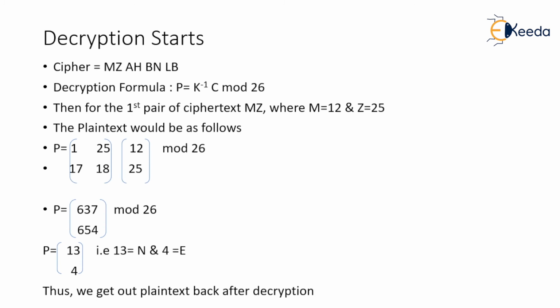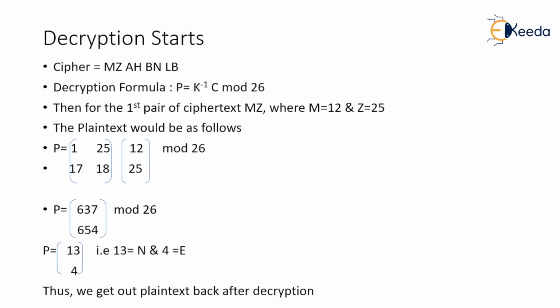We write those values in the form of a column and then take mod 26 according to the formula. If we compute these values, we get 637 mod 26 and 654 mod 26. If we calculate these values again, we get the last column as 13, 4.